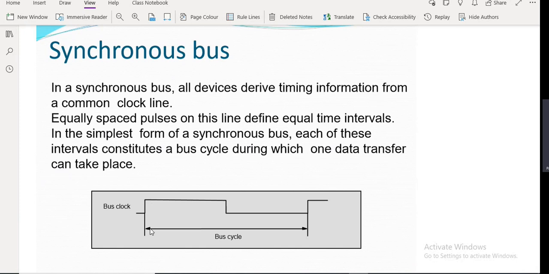Within this duration, from here to here, it is going to perform a particular operation, either read or write, transmission of some information, within this clock cycle. If any operation is to be performed, it is not necessary that it requires only one bus cycle. It may require more than one bus cycle to transmit the complete data.